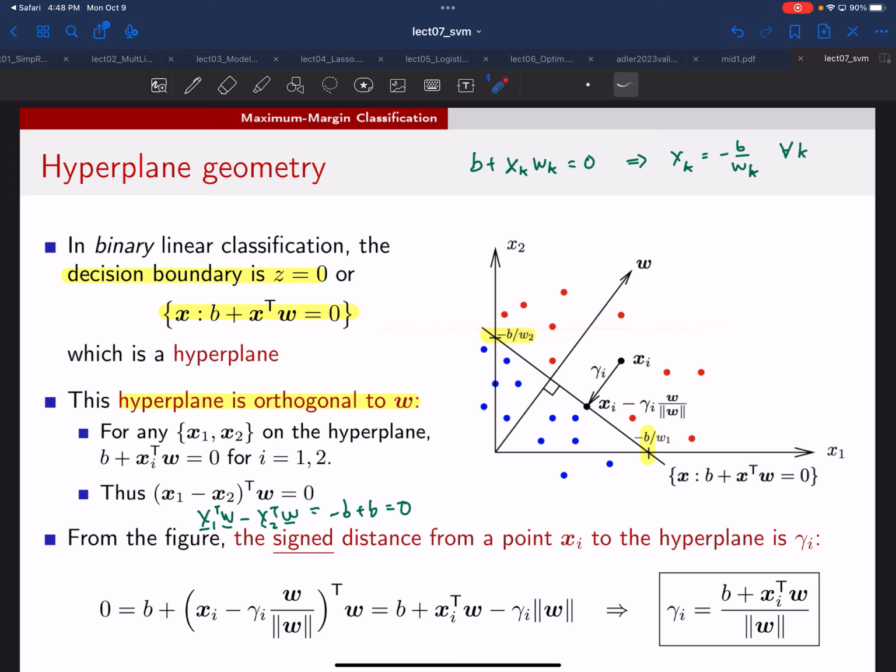So if b and wk are both 0, then you get 0 over 0, which is undefined. So that's what happens in the case of the boundary happens to be like this. It never crosses this axis.